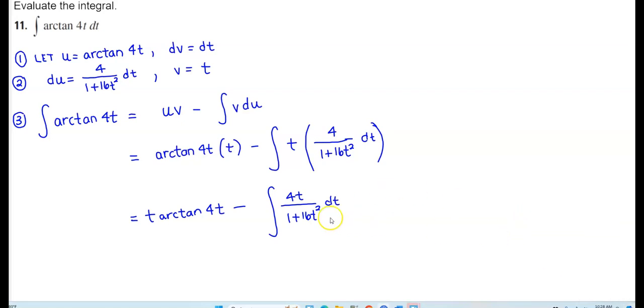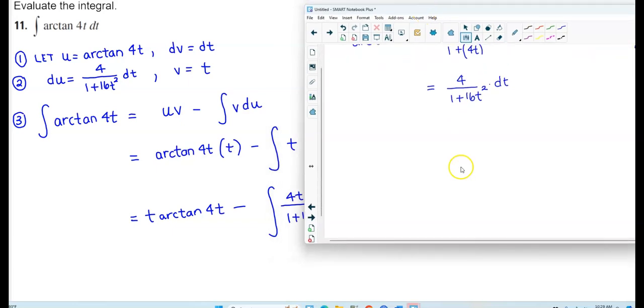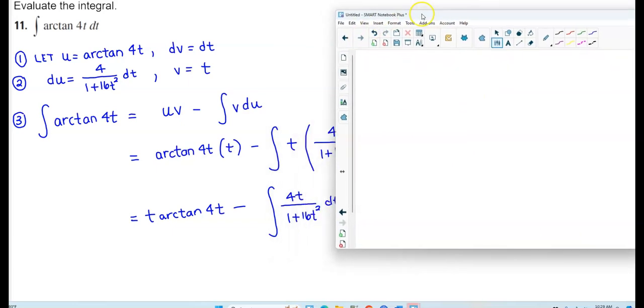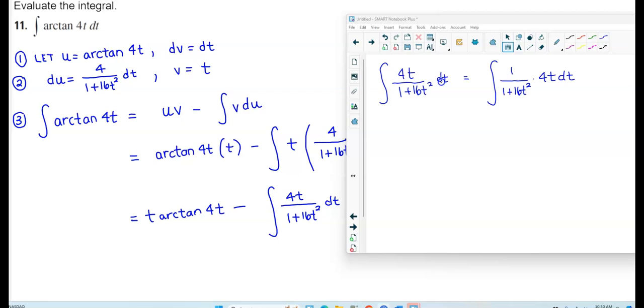Okay, so now we need to integrate this here. So we have the integral of 4t over 1 plus 16t squared dt. If we want to reorganize this, we would have 1 over 1 plus 16t squared times 4t dt.